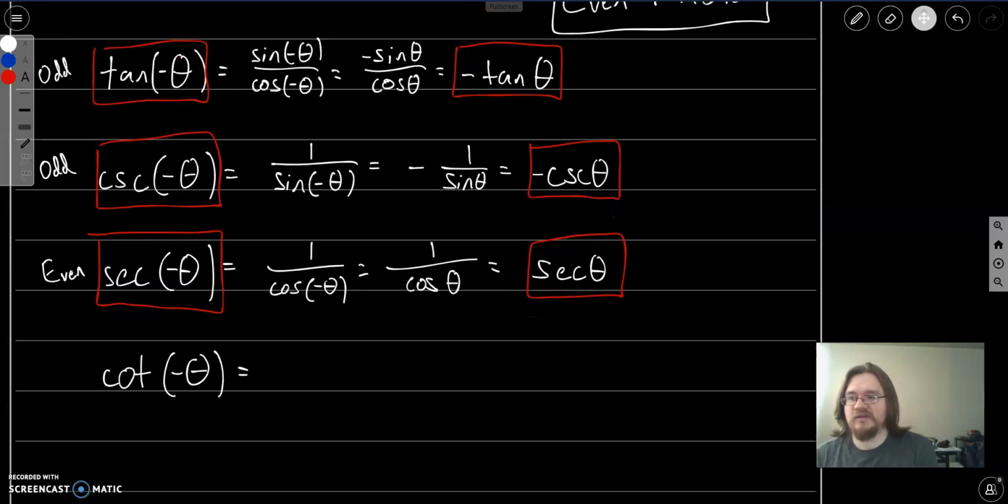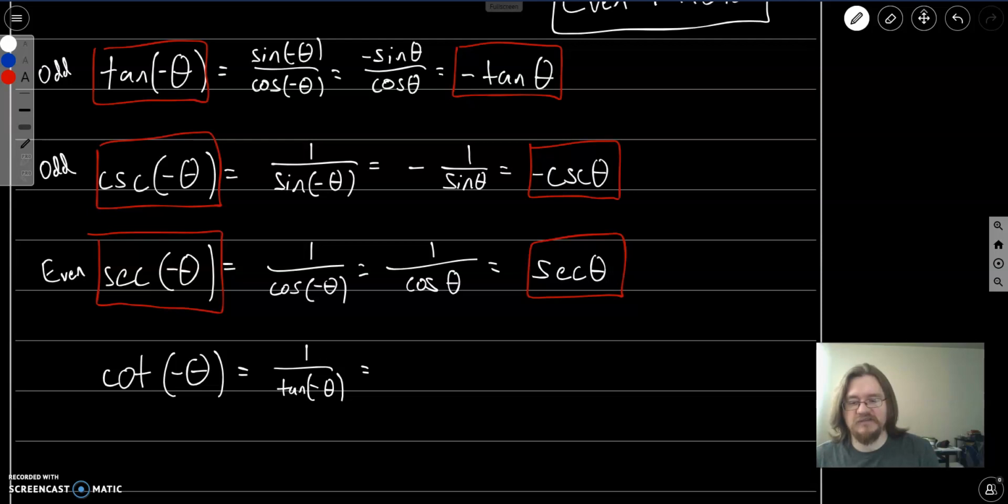And then the last one, the cotangent. Again, this is going to be 1 over the tangent. And if I'm taking the cotangent of negative theta, this is going to be 1 over the tangent of negative theta. And I can pull out the negative sign because we already learned that about the tangent. Tangent of negative theta is negative tangent.